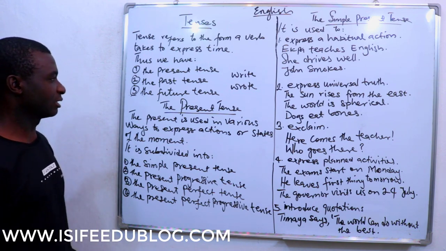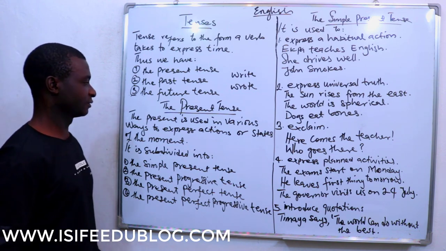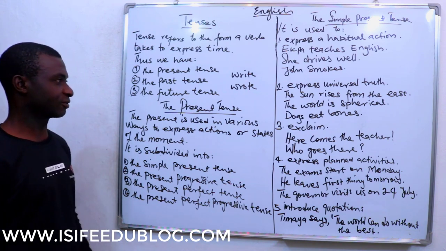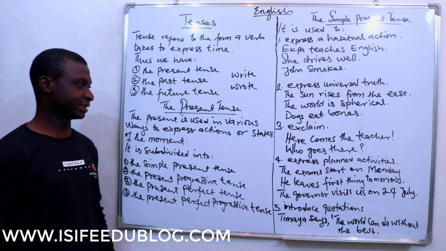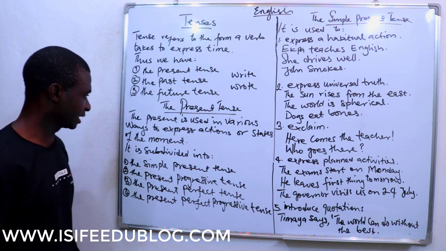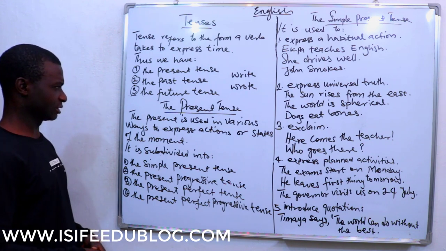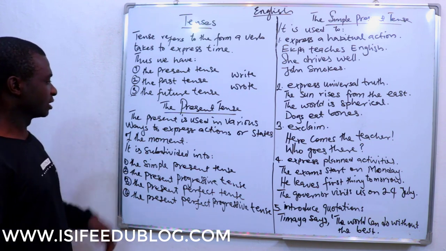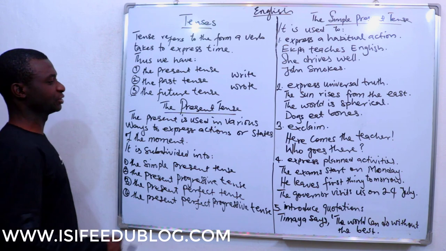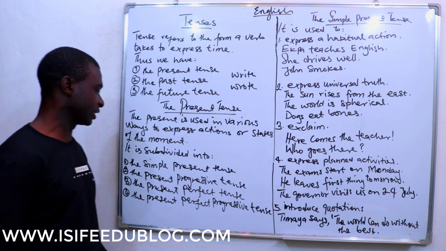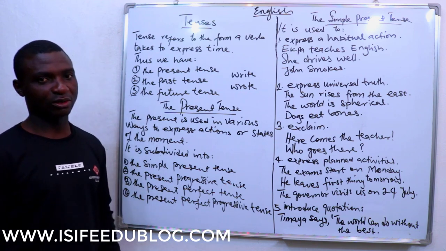Now, we shall look at the present tense first. All of this will be treated, but of course, one at a time. So the present tense is the first on our list. Now, the present tense is used in various ways to express actions or states of the moment, right?